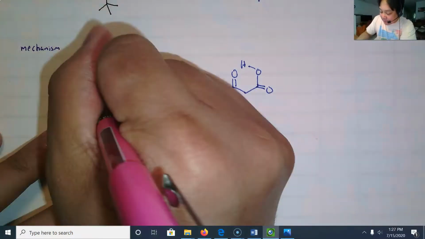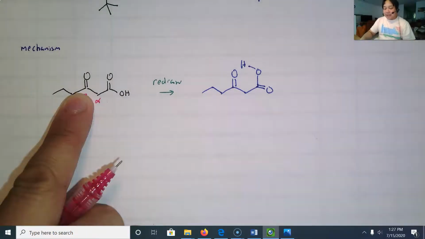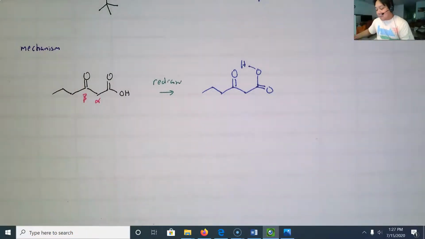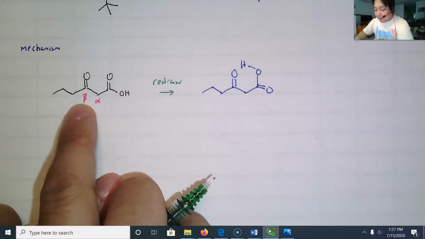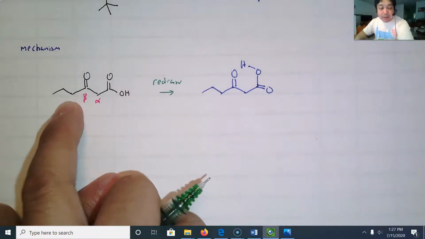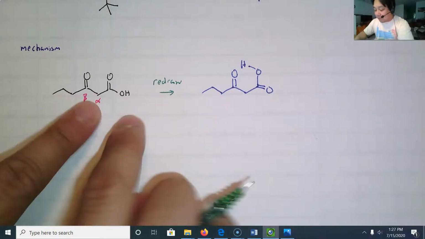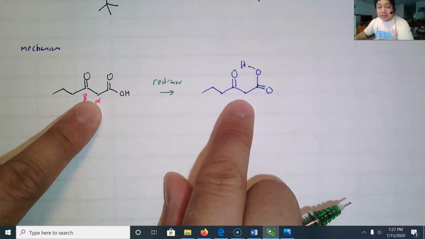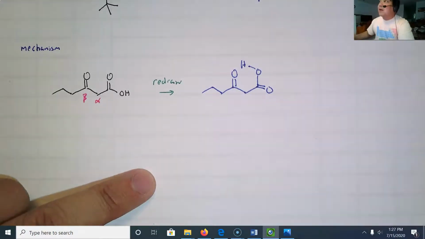Verify first that this is a beta-ketoacid. Okay, and now we get an idea of why it's important that the keto group be on the beta position. If it was on the gamma, it would be too far away to make this. If it was on the alpha, it would be too cramped to make this.